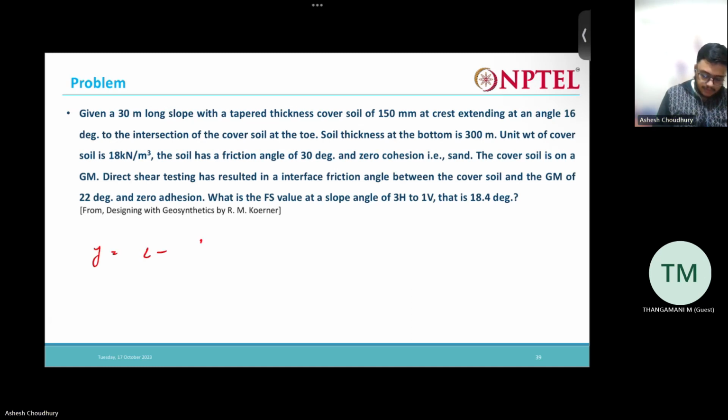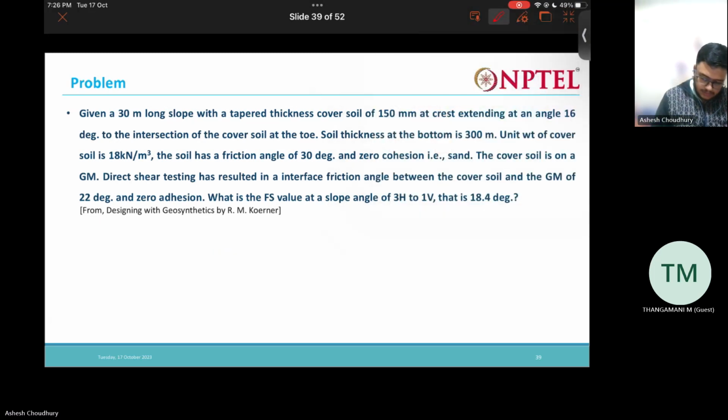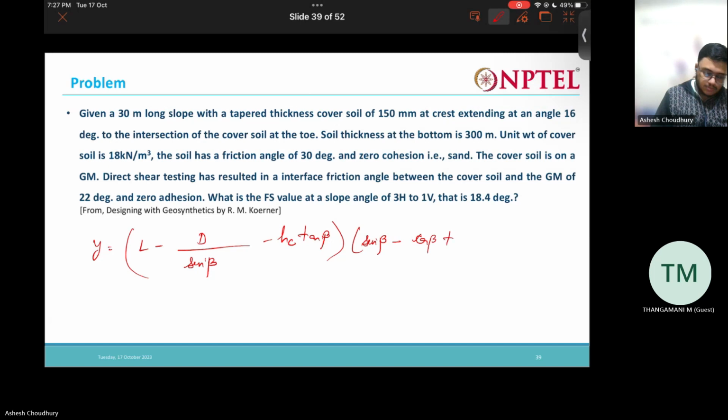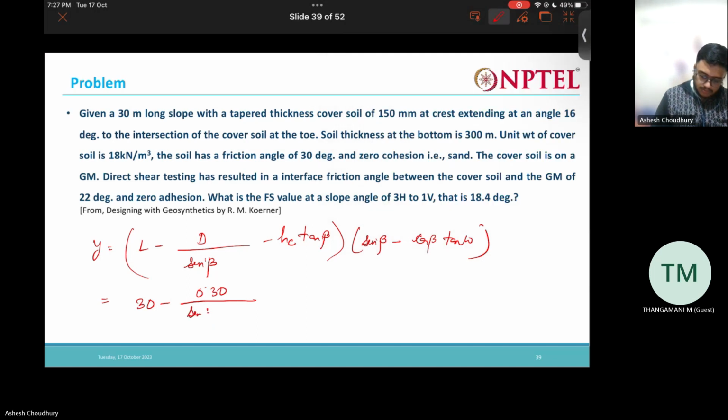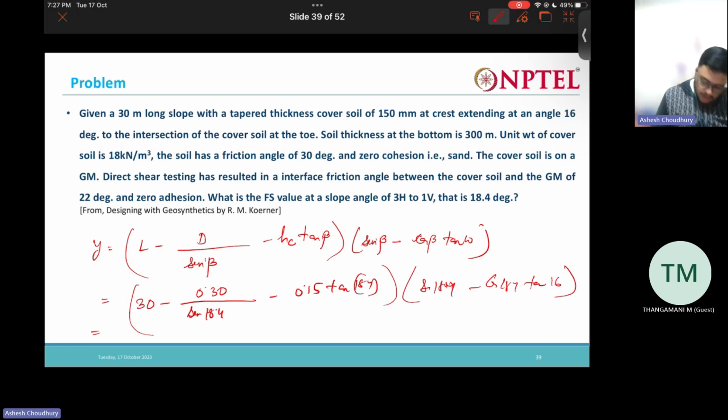Tan omega is how much? Tan 16 comes out as 0.287.